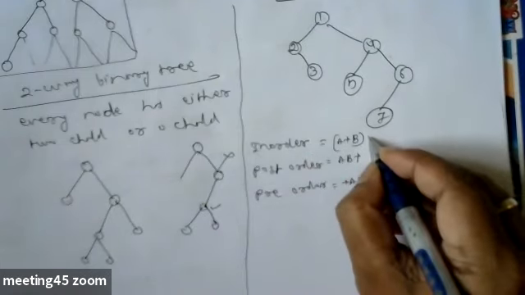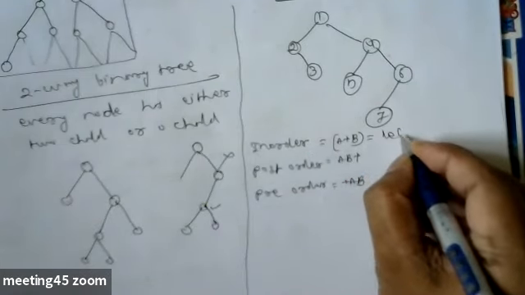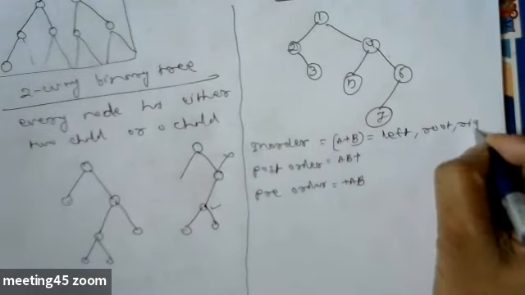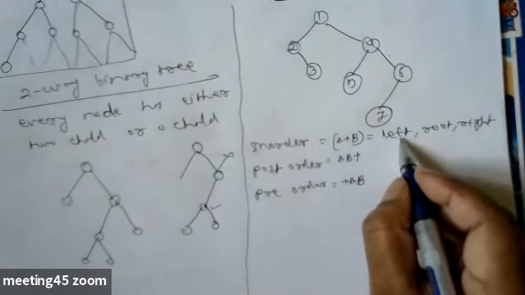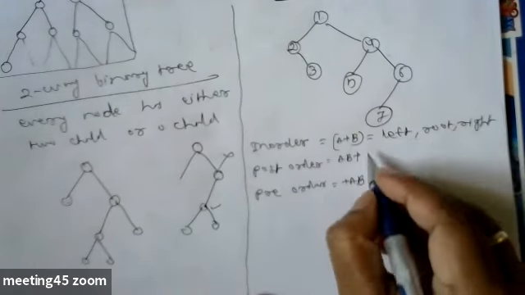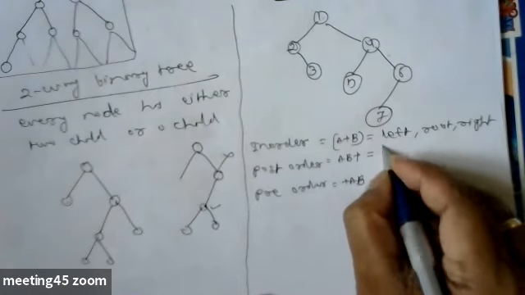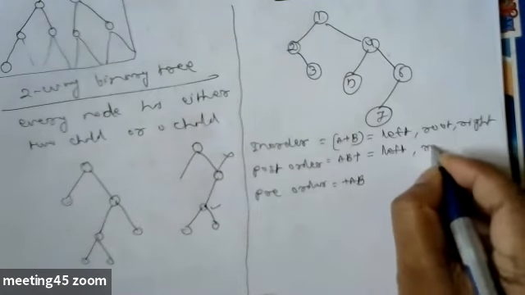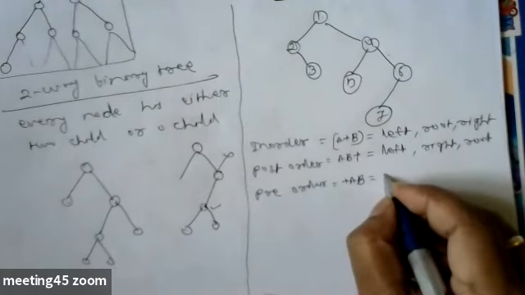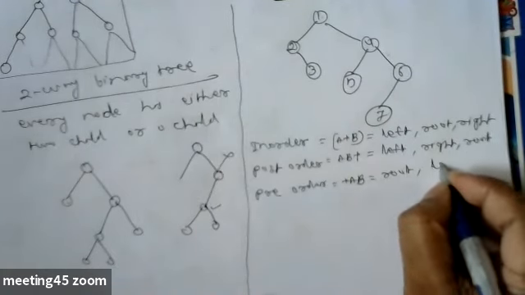In-order traversal means left, root, and right. A means left, B means right, root means operator. Similarly, you can quickly tell what this is: that is left, right, and root. And what is this? Root, left, and right.